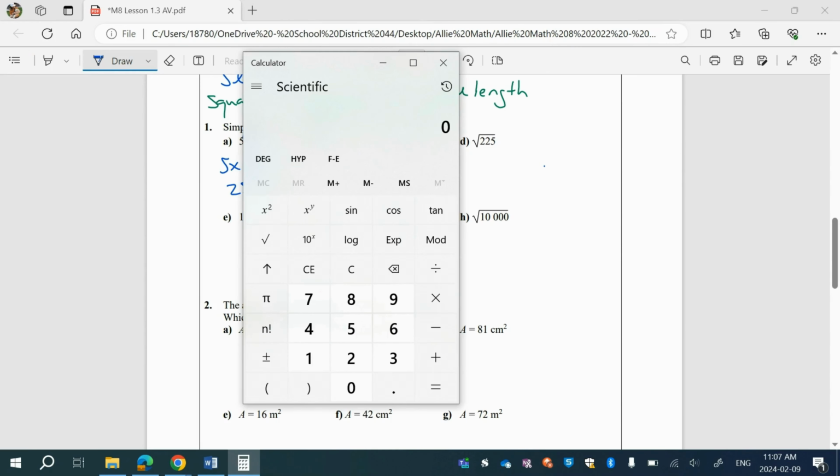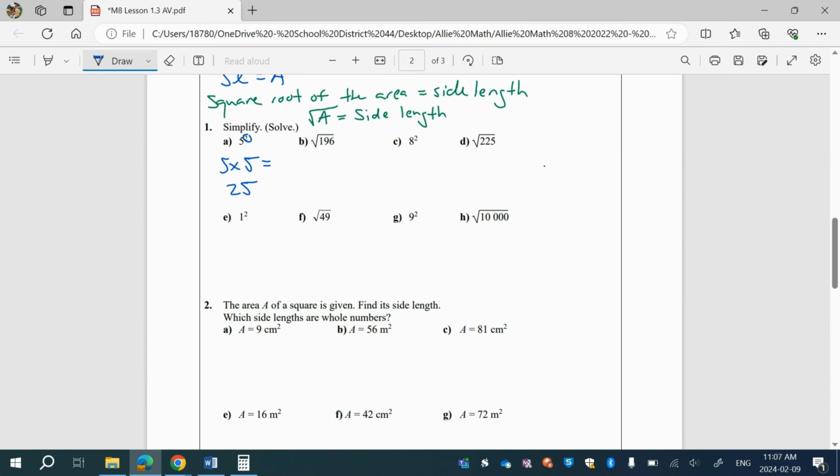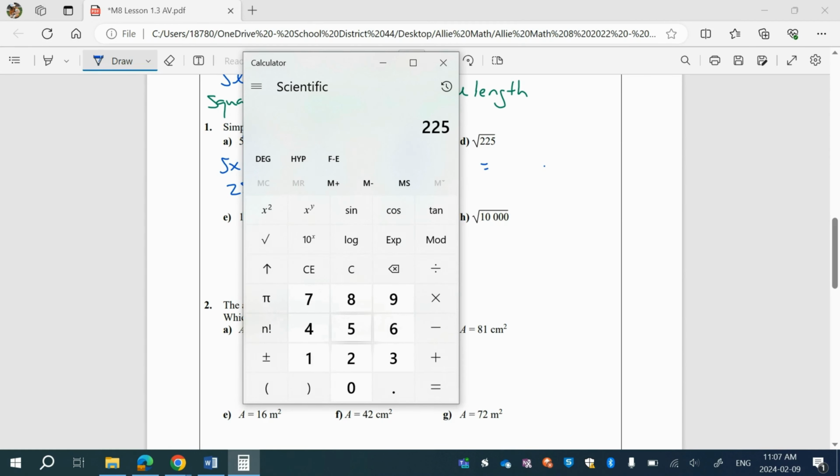So let's do my calculator. 196 square root button is 14. This means 8 times 8, 8 times itself, 2 8s, that's going to be 64. The next one is asking what times itself gives us 225. So 225 square root button is 15.